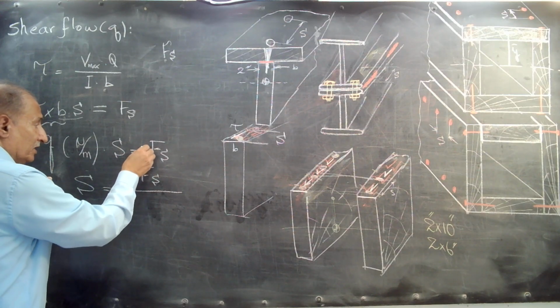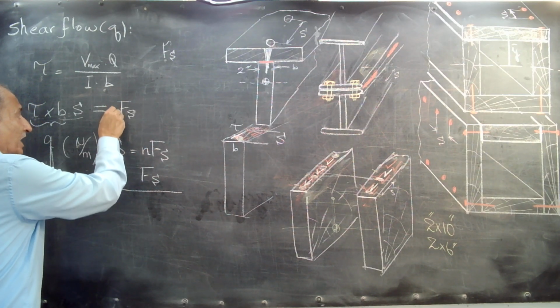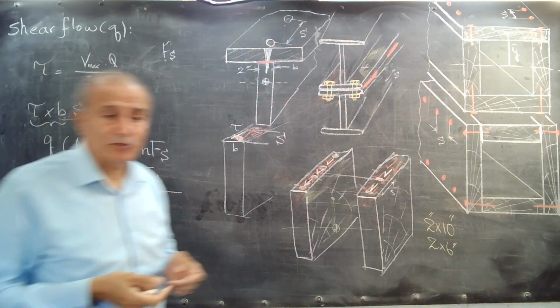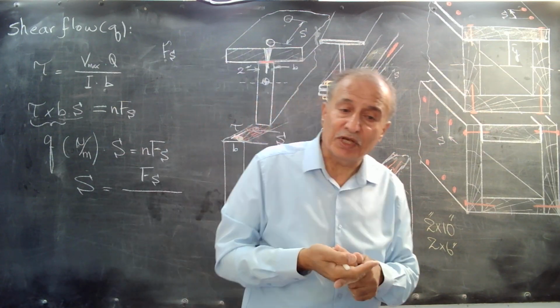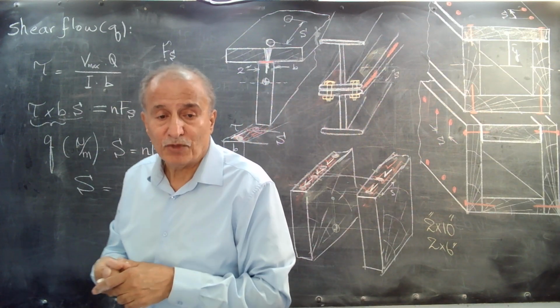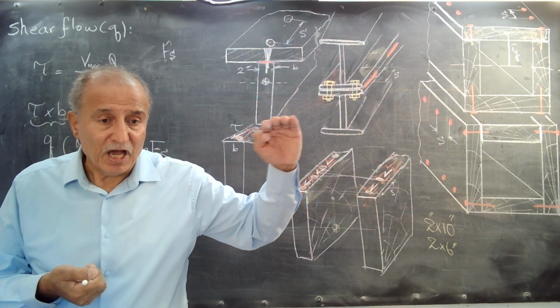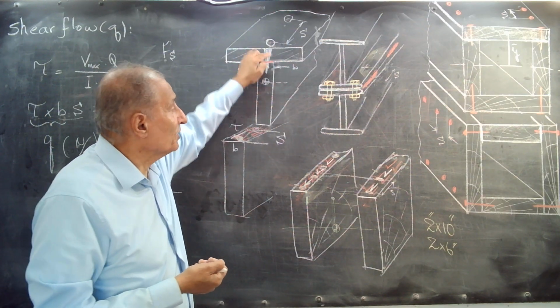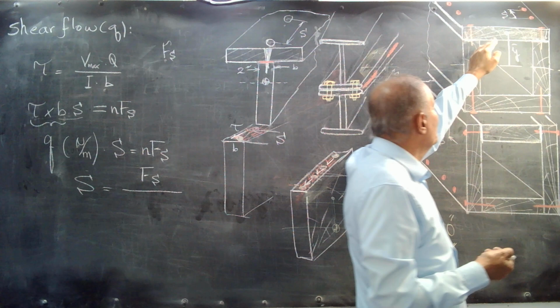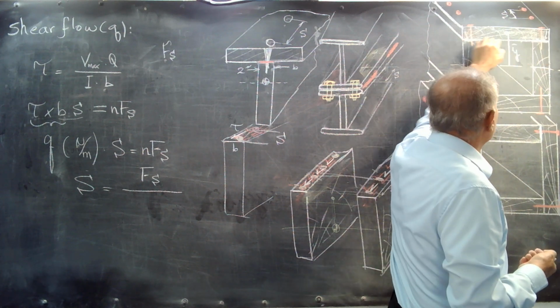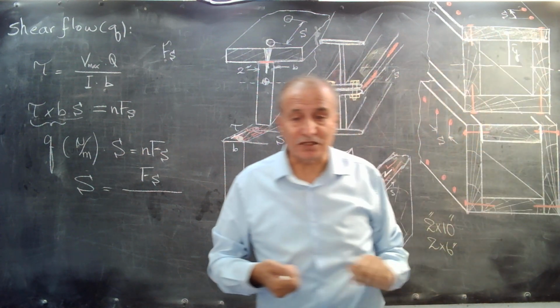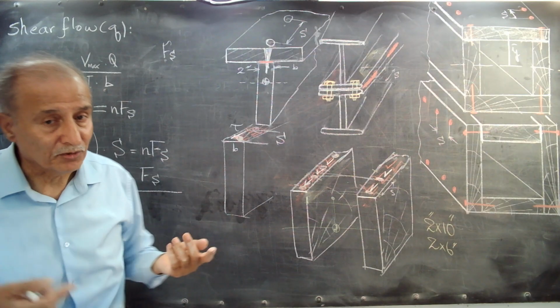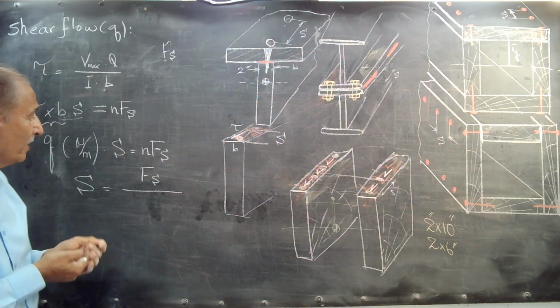If it is 1 nail, we can talk about Fs. Then N can be 1, can be 2, can be 3, can be 4. It depends on when we cut the surface, how many nails we are cutting. In here, I cut just 1 nail. And in here, to separate it, I cut 2 nails. This N can be 1, can be 2, and more. You must look at the design.